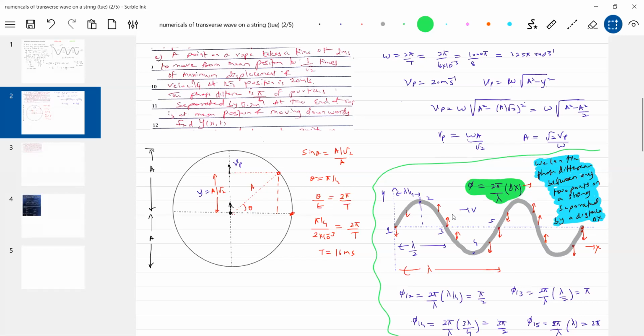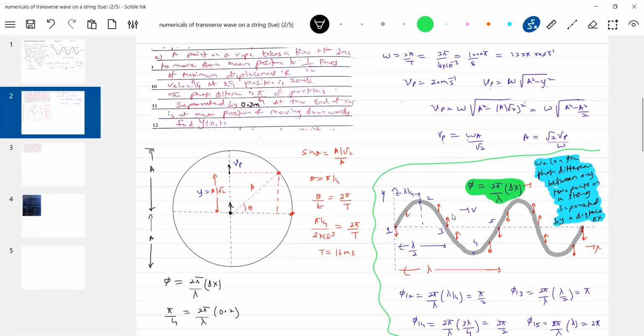Sorry, I'm unable to see that 0.2 meter is available here, no? Not visible. Okay. Into delta x. So we know the phase angle, pi by 4, equals 2 pi by lambda into 0.2.